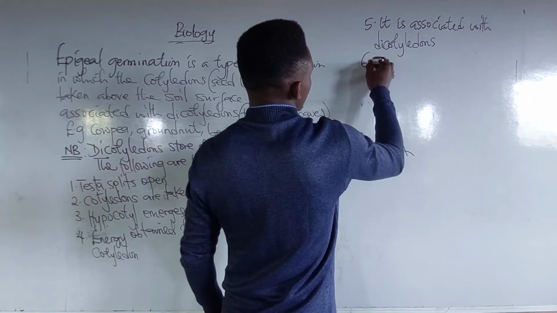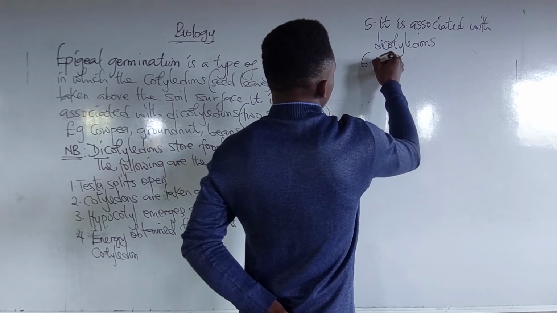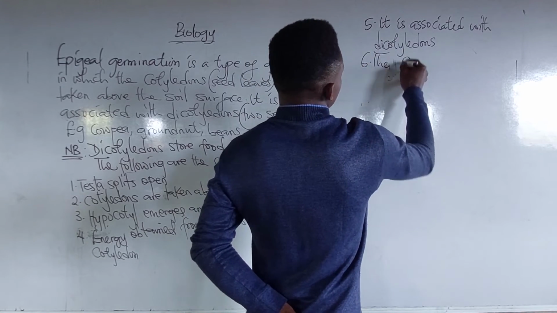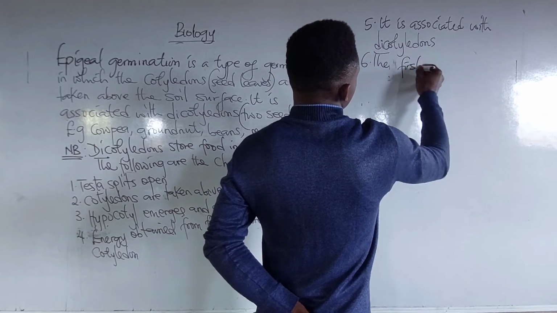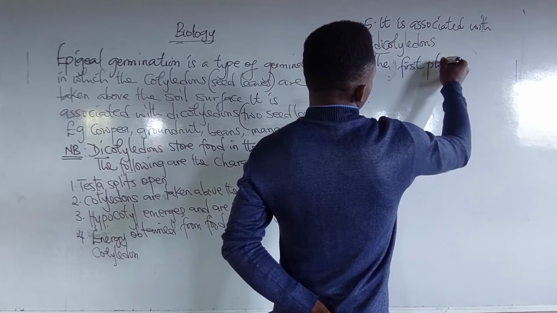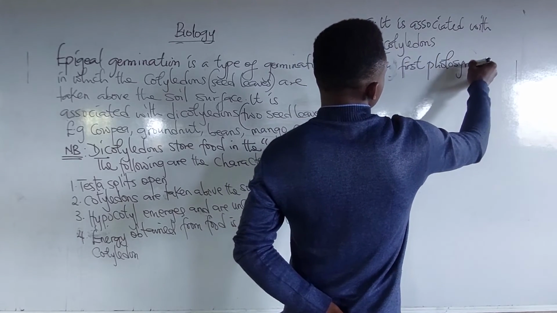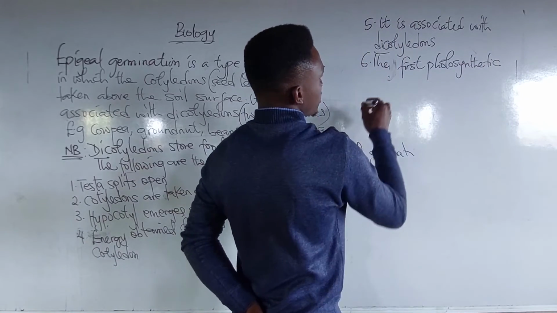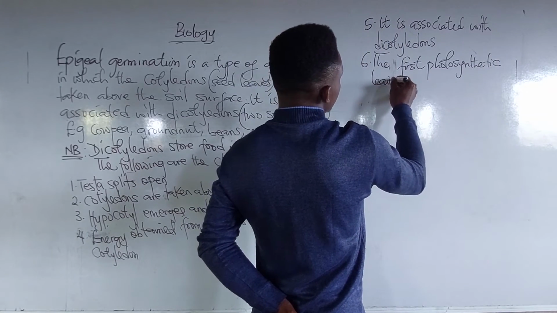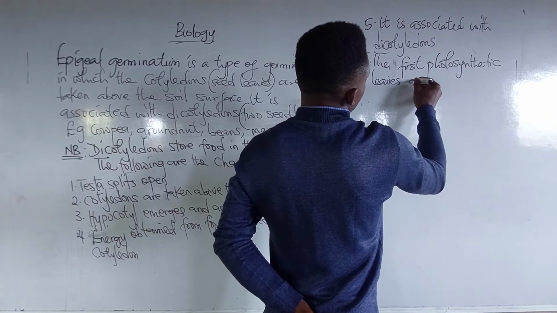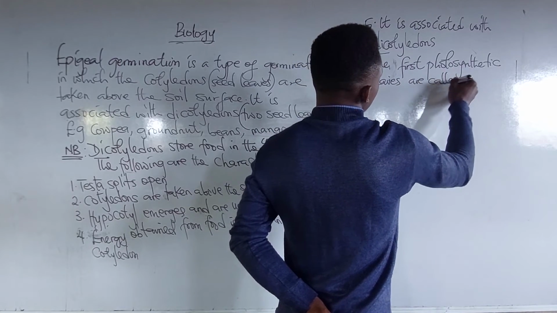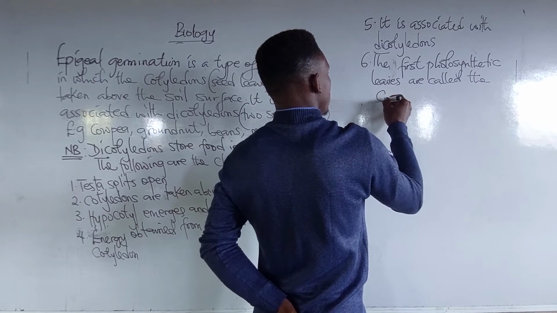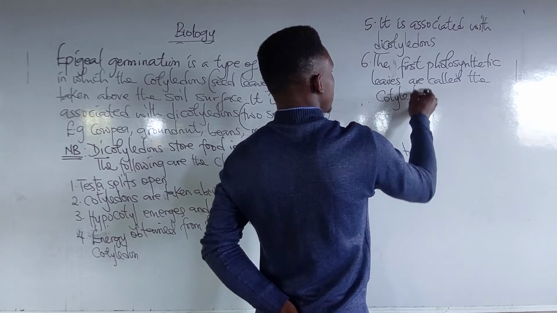Then number six, which is the last one for now, the first photosynthetic leaves are called the cotyledons.